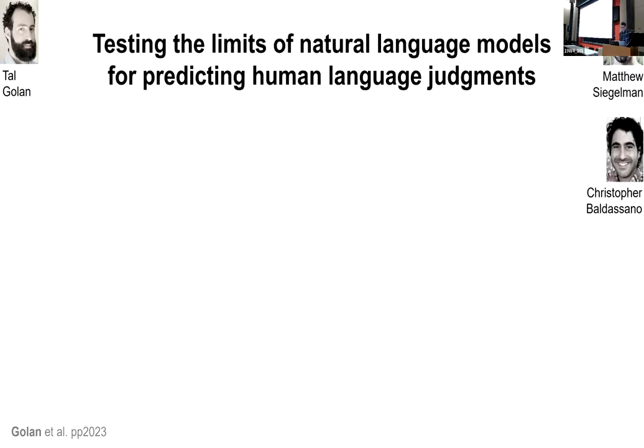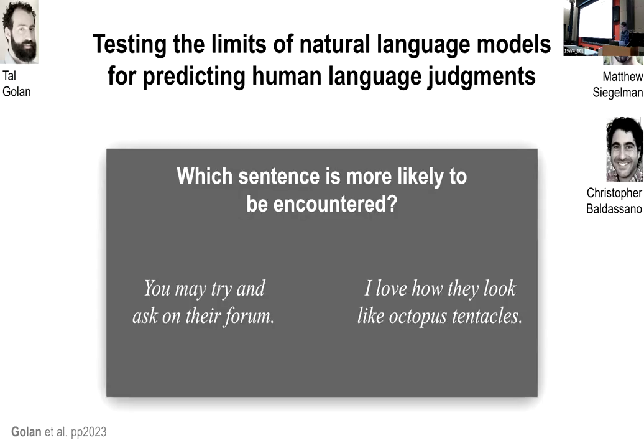We've also used this method in the domain of language to test the limits of natural language models for predicting human language judgments. In this kind of game, you look at two sentences and you have to judge which of these two sentences is more likely to be encountered in English. Ishita mentioned that these models all have a probabilistic appreciation of what kinds of sentences to expect. And this is sort of testing and comparing them.